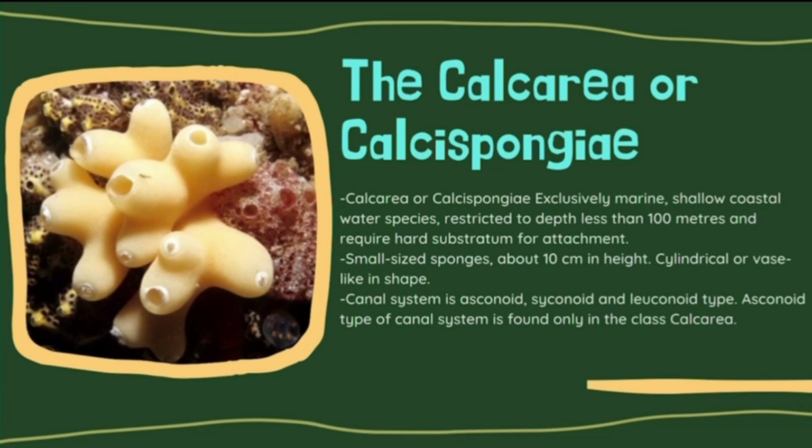Its canal system is asconoid, syconoid, and leuconoid type, while Demospongiae have only the leuconoid type. The asconoid type of canal system is found only in the class Calcarea. So these are the three main classes of phylum Porifera.